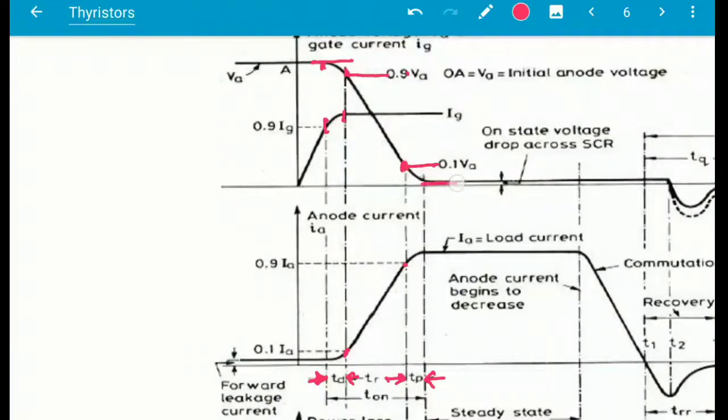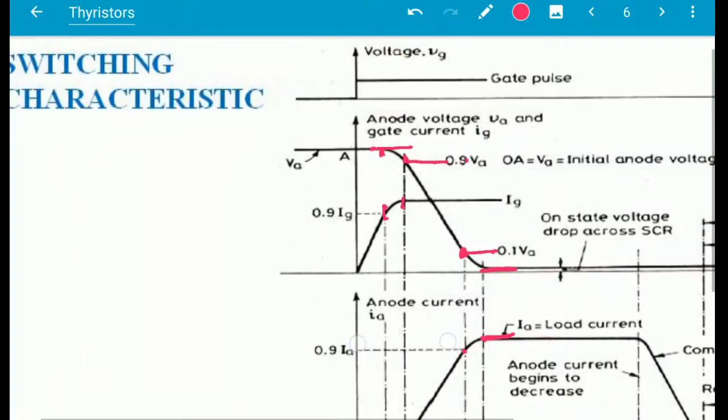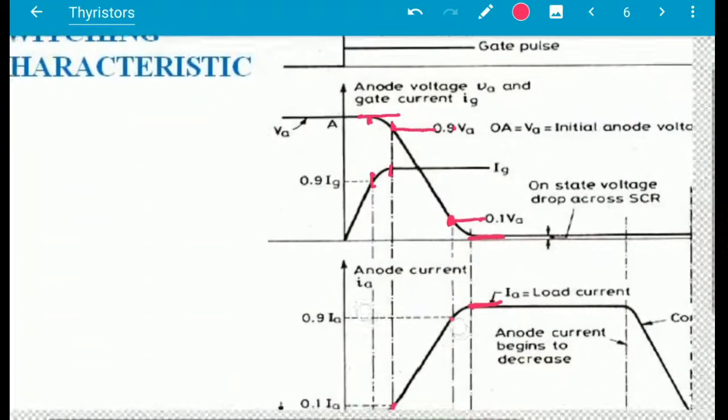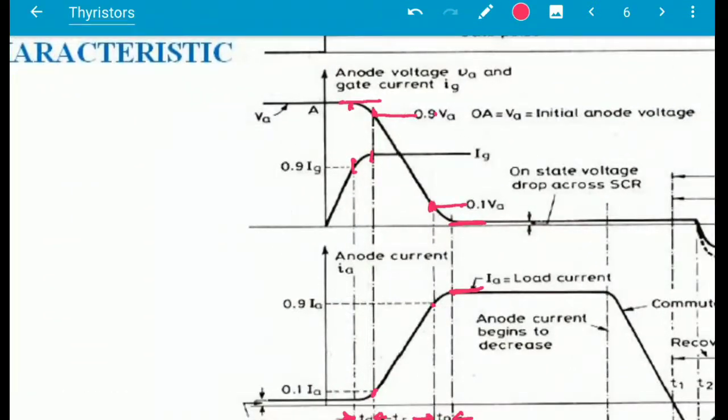And in case of anode current, this is from 90% to 100% of load current. So these are the forward characteristic, this is the switching characteristic, and this is for the turn on method.